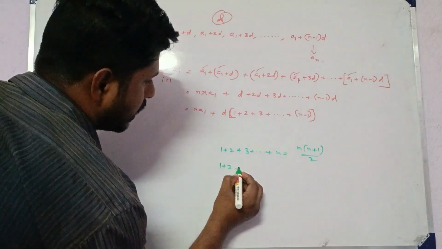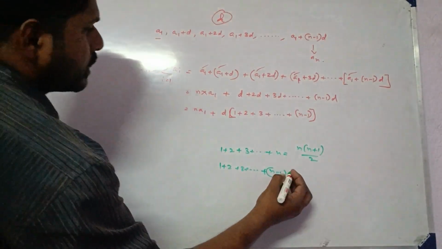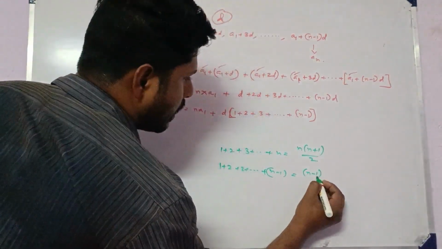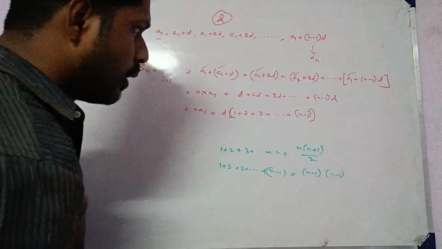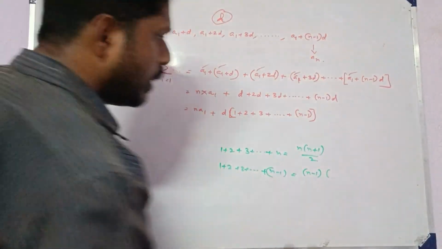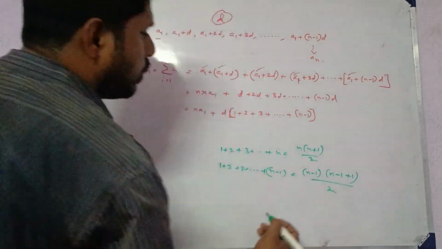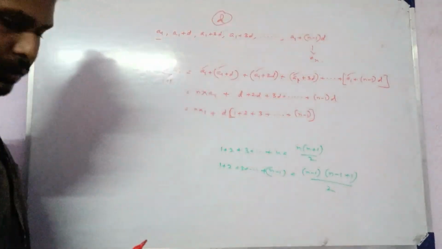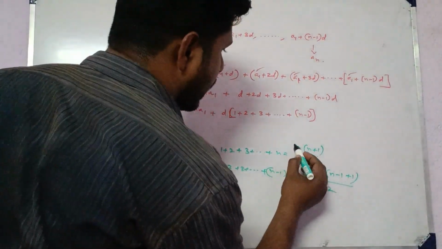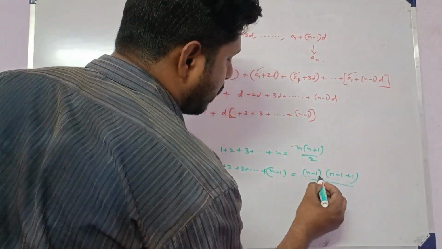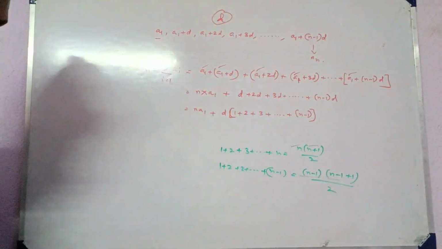Now in case of 1 plus 2 plus 3 plus dot dot dot up to n minus 1 terms, n will be replaced by n minus 1, so it will be (n minus 1) into (n minus 1 plus 1) by 2. Wherever n was, I have placed n minus 1, rest is the same.